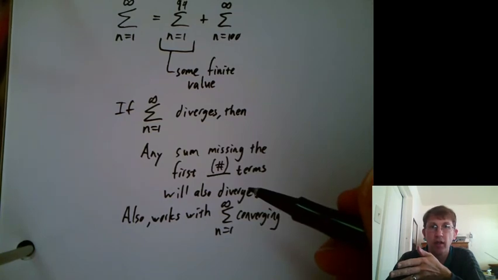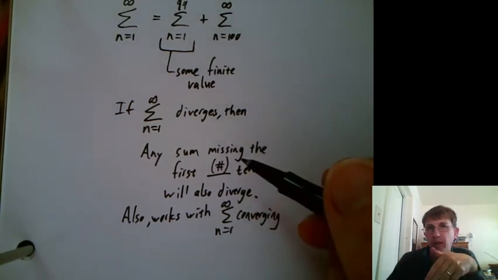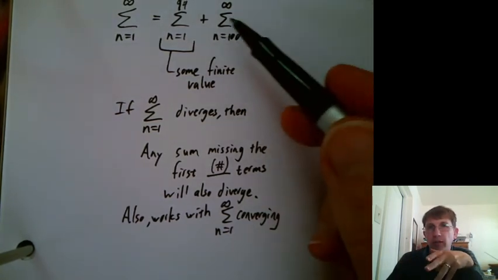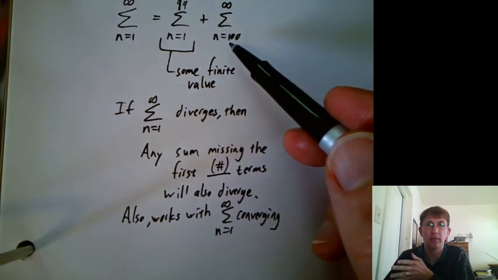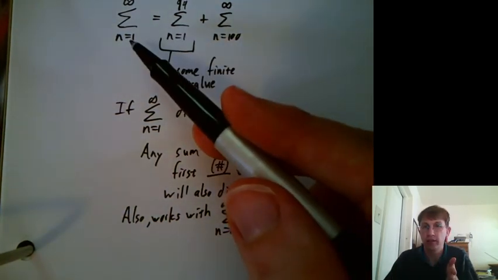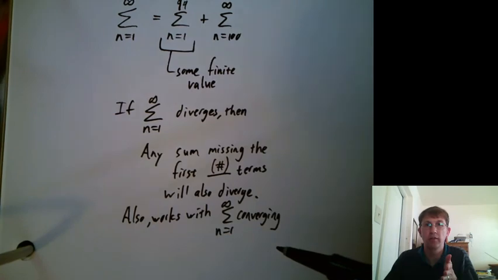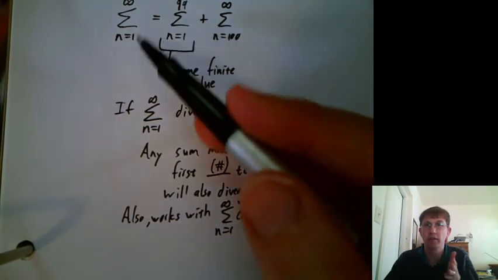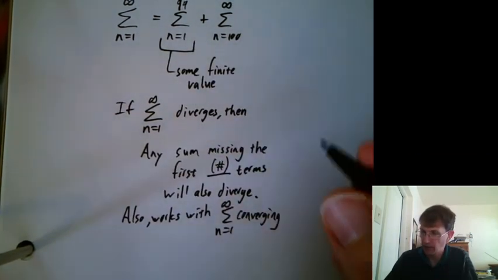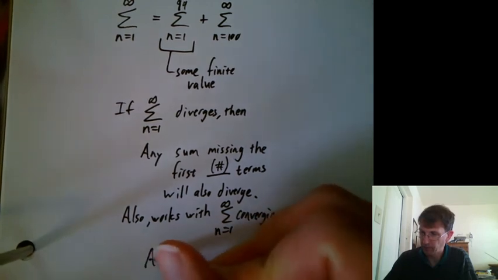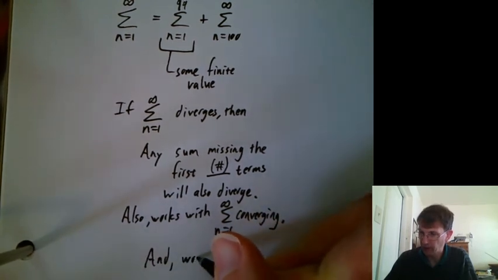also diverge. Do you think it works the other way, that if the tail converges, then the original has to converge, and if the tail diverges, then the original has to diverge too? And it works backwards.